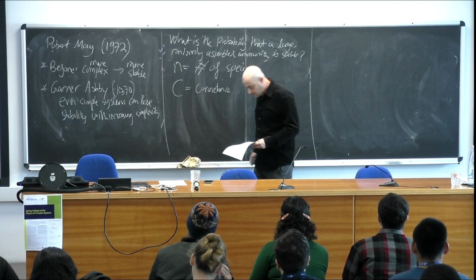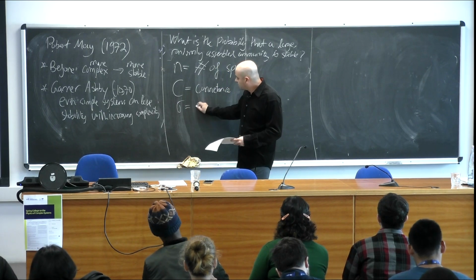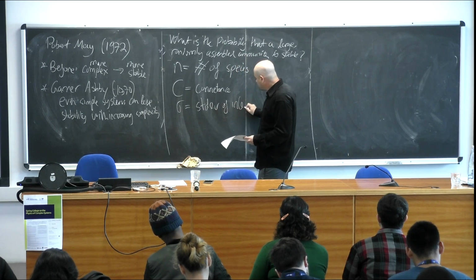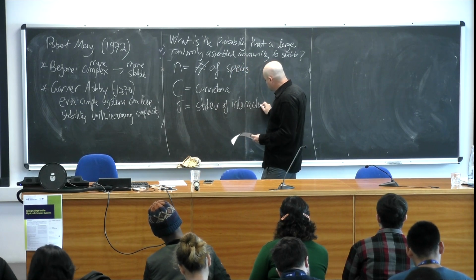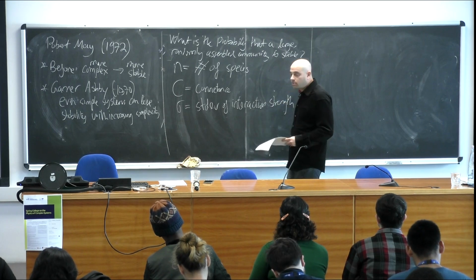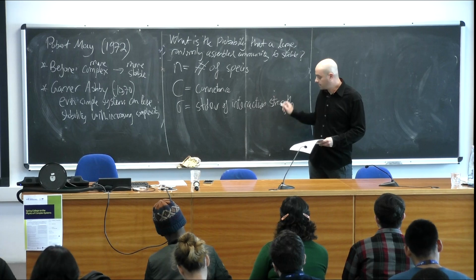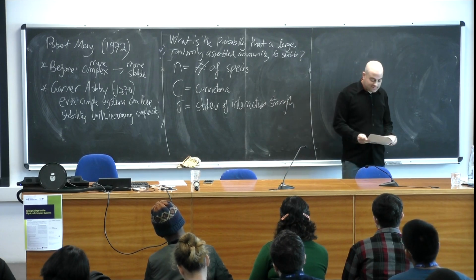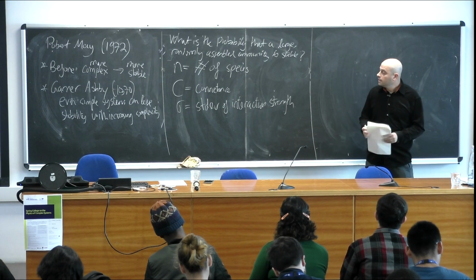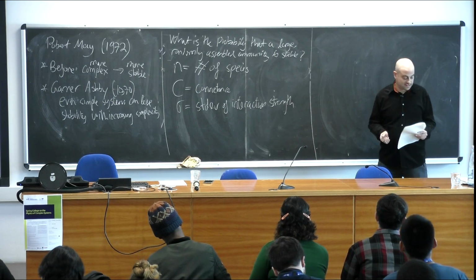And also, he has sigma, which is the standard deviation of the interaction strength. Okay, because you can interact strongly or weakly with other species. And with just these three parameters, Robert May reached this paradigm-shifting conclusion.